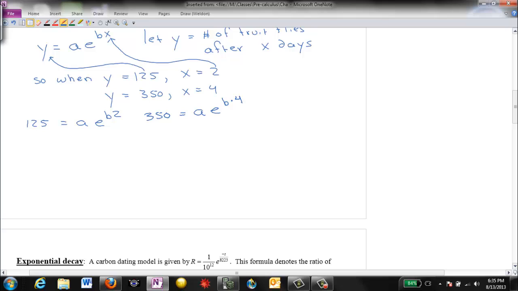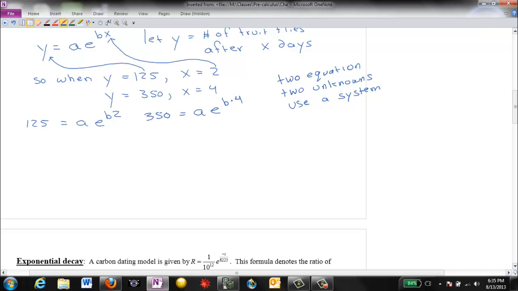Right, so I have two equations and two unknowns. So this would suggest that I should use a system of equations, right? So use a system. And if you know how to use a system of equations, you know that you can use substitution or the substitution method to solve for these two unknown variables.